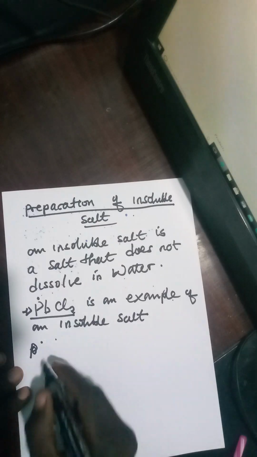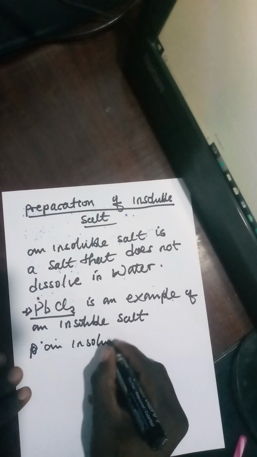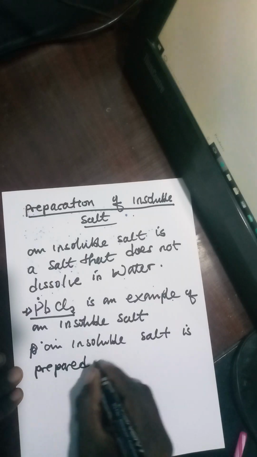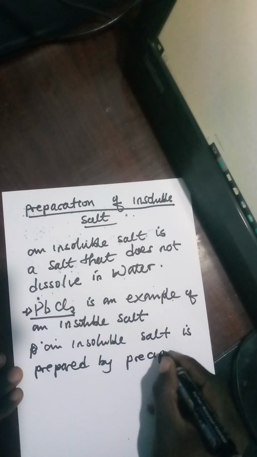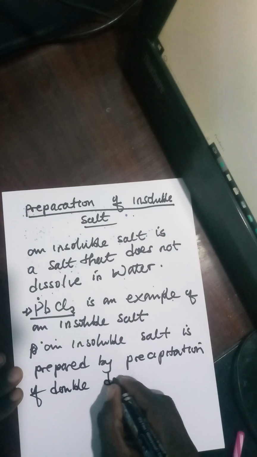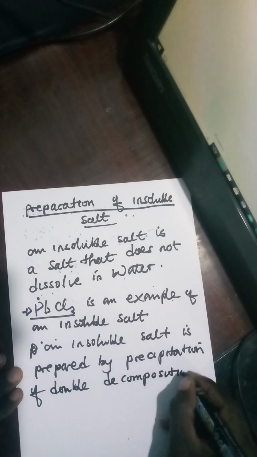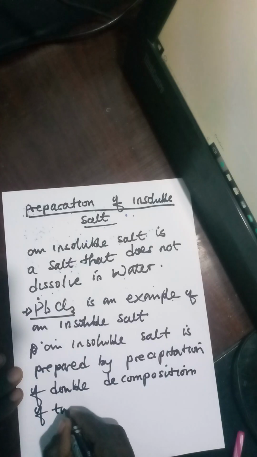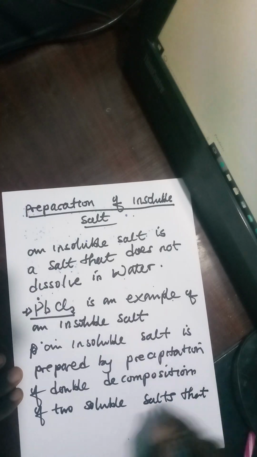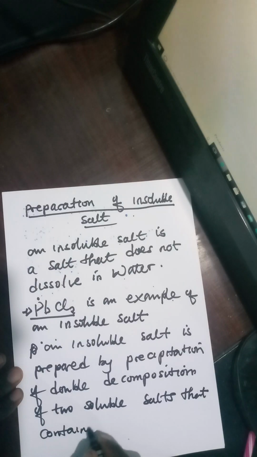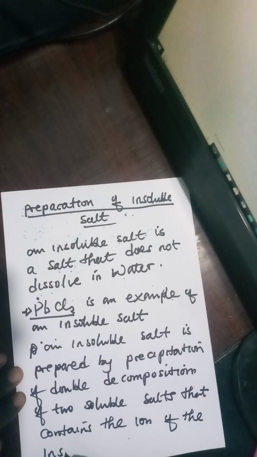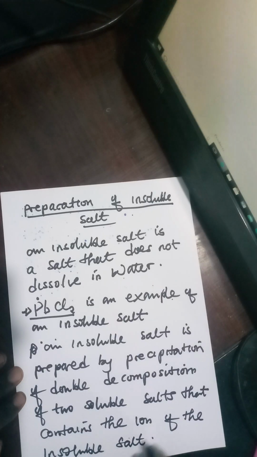Lead 2 chloride, or just any other insoluble salt, is prepared by precipitation, or double decomposition, of 2 soluble salts that contain the ion of the insoluble salt.